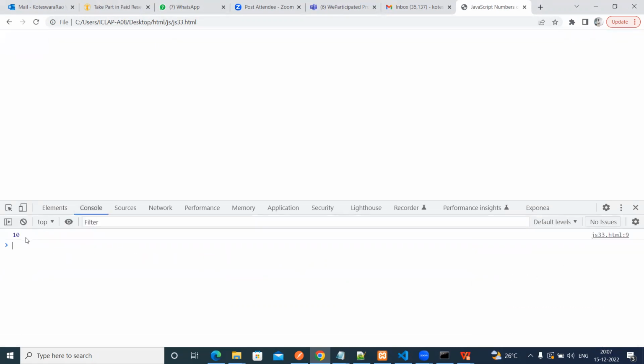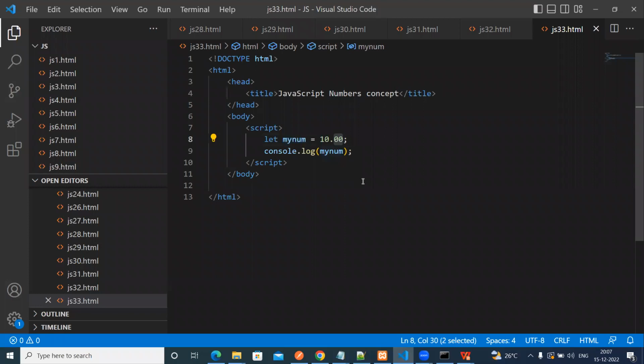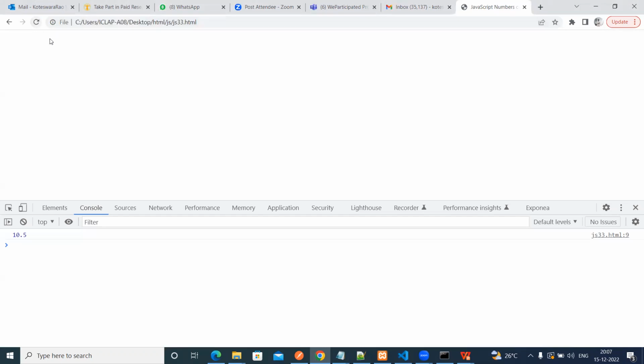Here we gave a floating point or decimal number, 10.00, but trailing zeros after the decimal point are not considered. If we give 10.50, it will print 10.5.